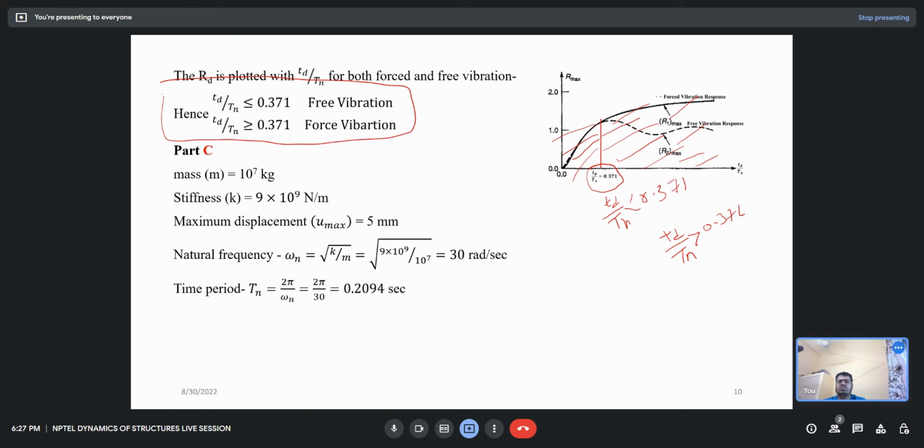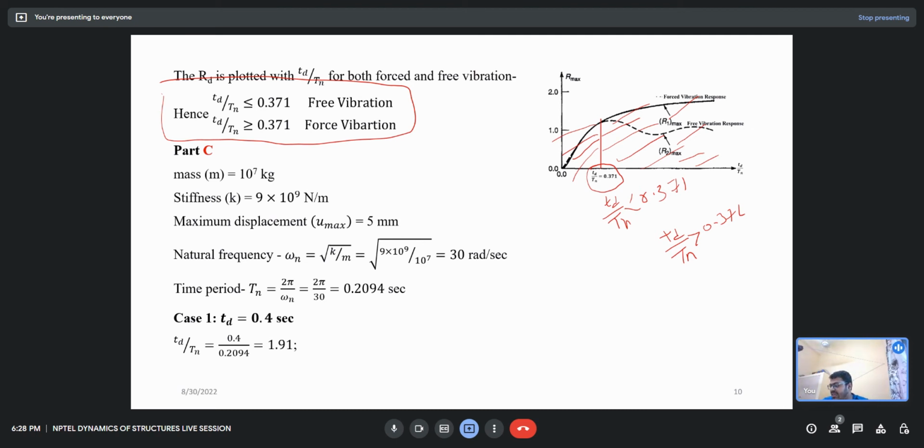Omega n is equal to square root of k by m, which comes out to be 30 radian per second, and the time period Tn is 2 pi divided by omega n, which comes out to be 0.2094 second. Now can you calculate what is your Td by Tn? For case 1, Td is given as 0.4 second, so Td by Tn comes out to be 1.91.